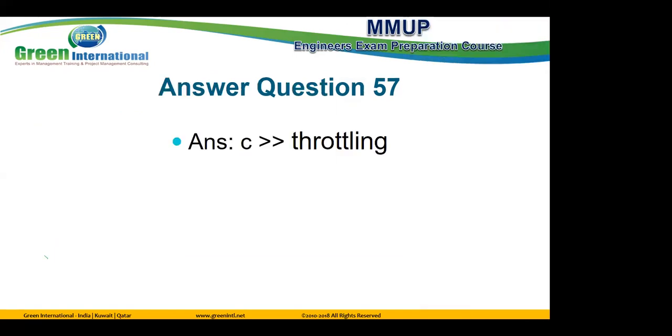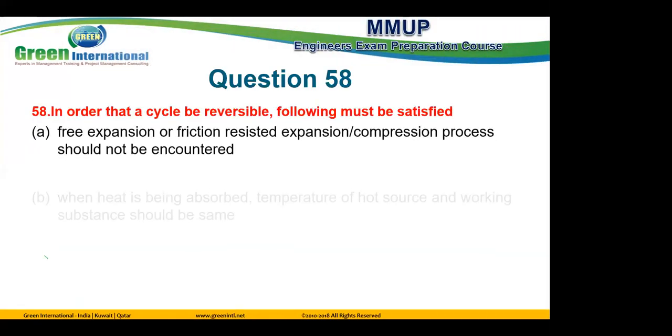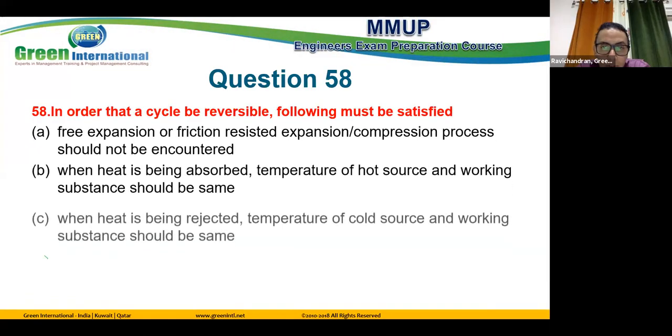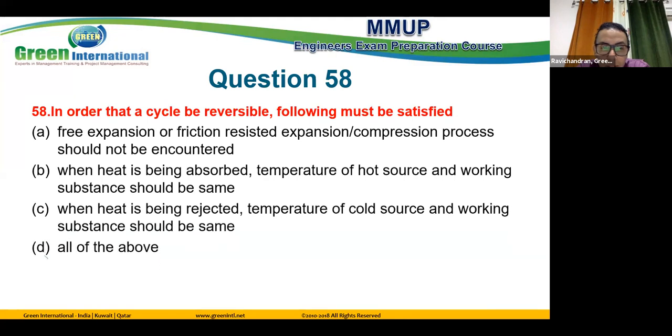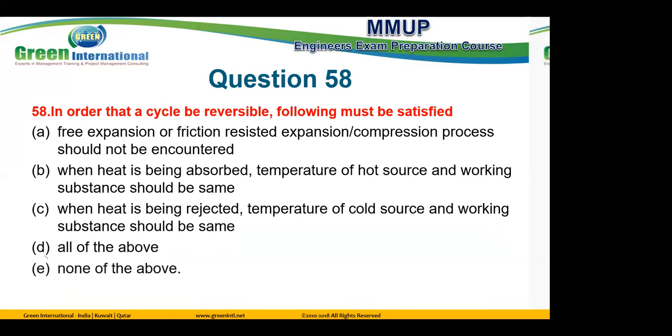Throttling, yes, sure. In order for the cycle to be reversible, the following must be satisfied. To make it easy for you, all these cases are reversible cases. All these cycles are reversible cycles. Clear? All of the above.